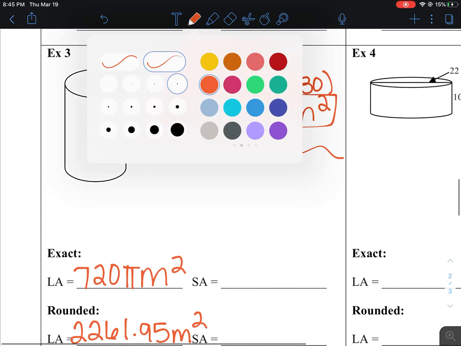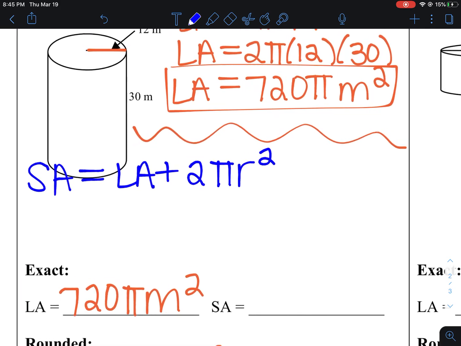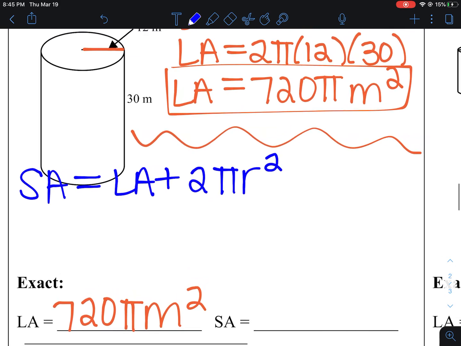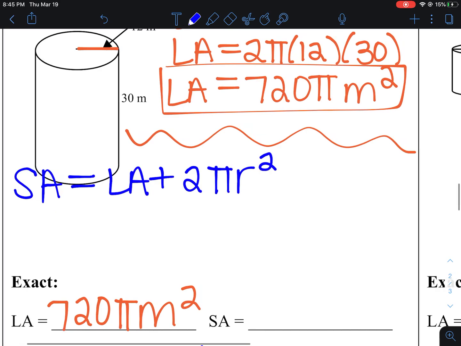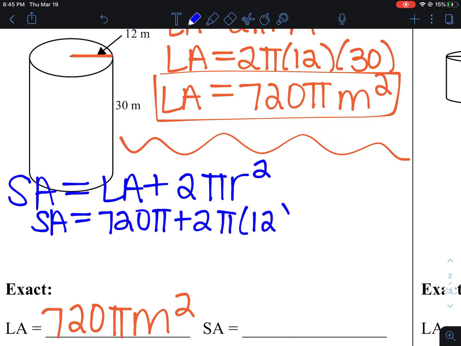Okay, that was the lateral area. Then surface area would be, remember, that lateral area plus 2 times the area of circle, 2 pi r squared. The lateral area that we just found, oh my goodness, is 720 pi plus 2 pi, the radius is 12 squared.